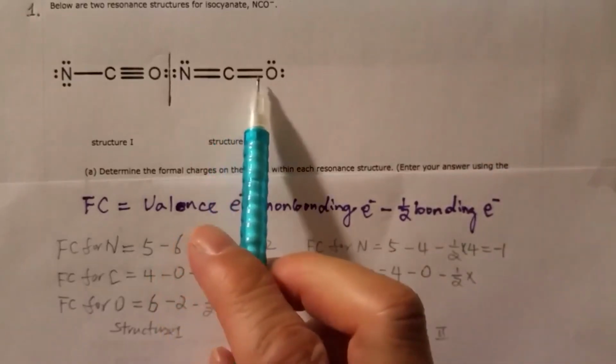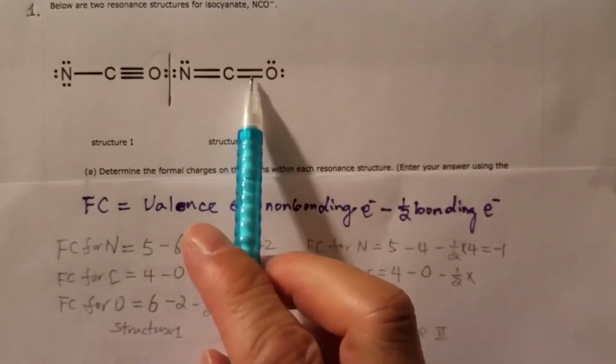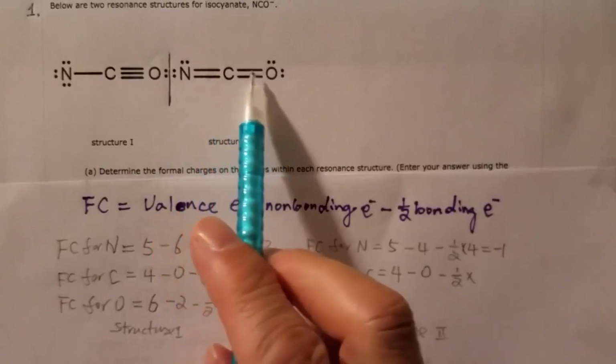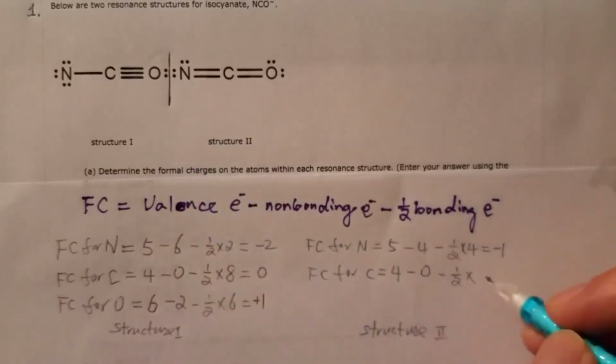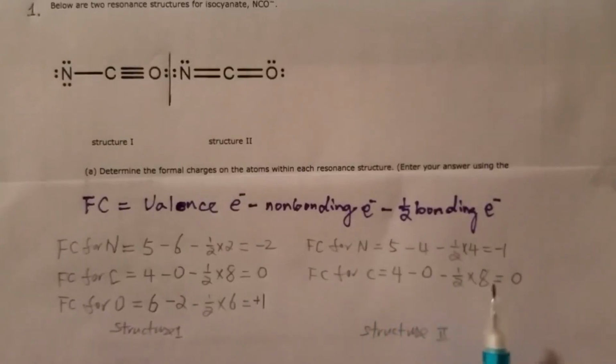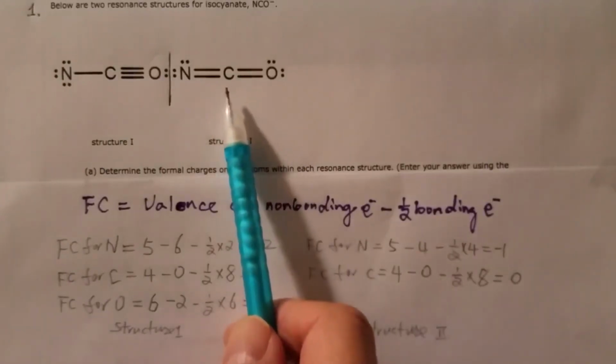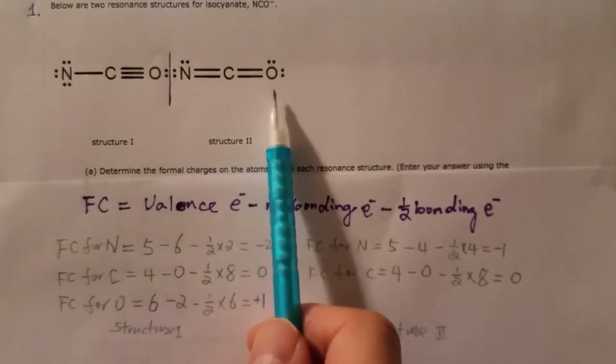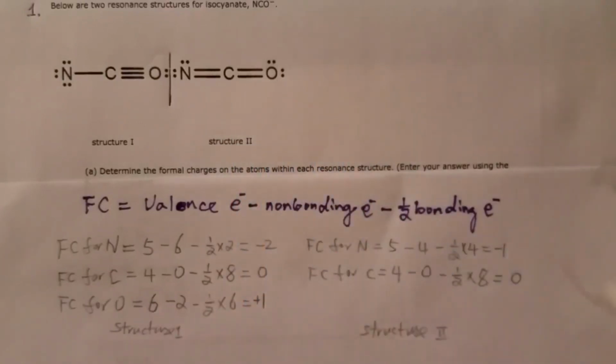Okay, each line represents 2 electrons, so therefore that's total of 8 bonding electrons. So that gives us a formal charge of 0 for this carbon, and now the formal charge of this oxygen.